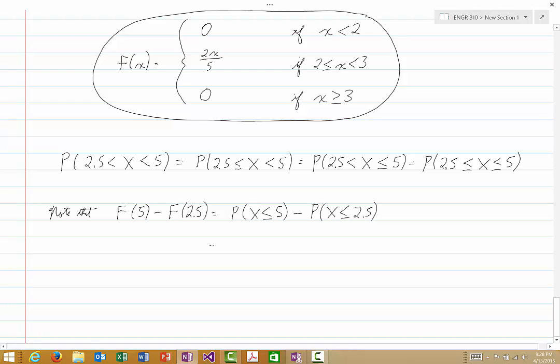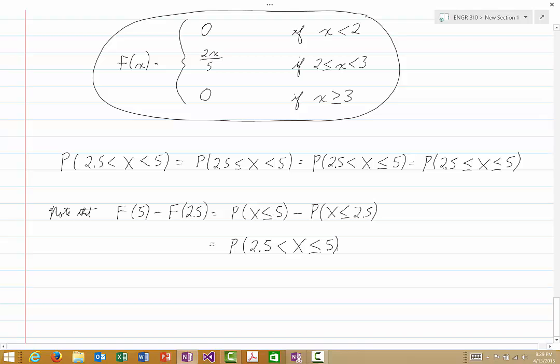And therefore, if we take the difference between these two probabilities, we have the probability that 2.5 is less than x is less than or equal to 5. But note that that matches exactly one of the probabilities up here that we listed.